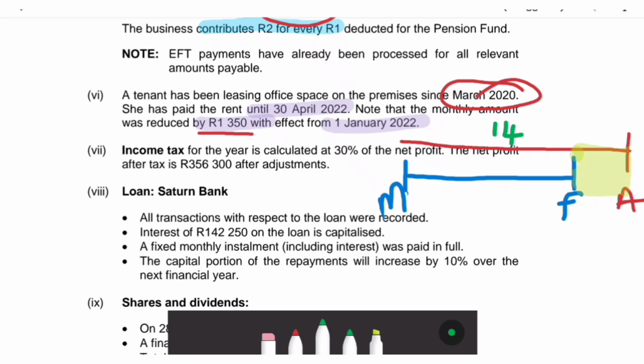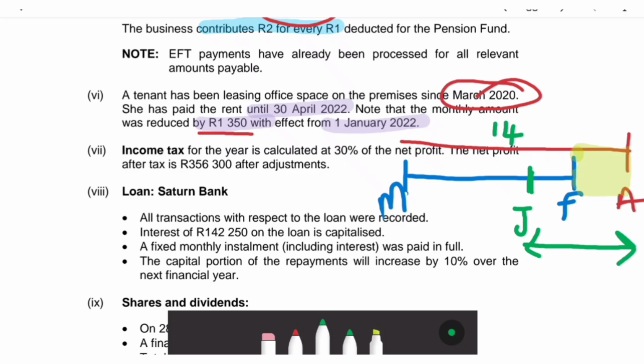But we are also told that the rent was decreased in Jan. So Jan would be somewhere here, on the 1st of Jan. Now, we need to work out the total number of months we were receiving rent before the decrease and the total number of months that we received rent after the decrease.